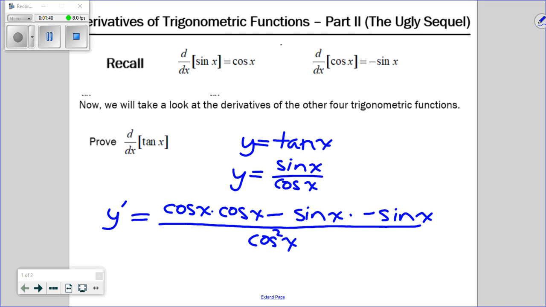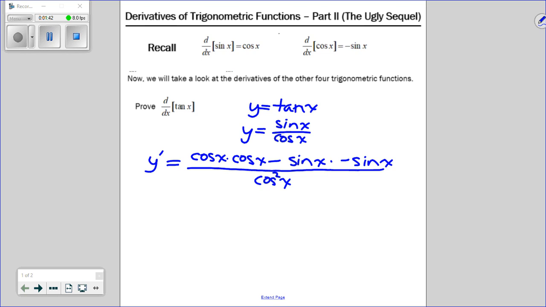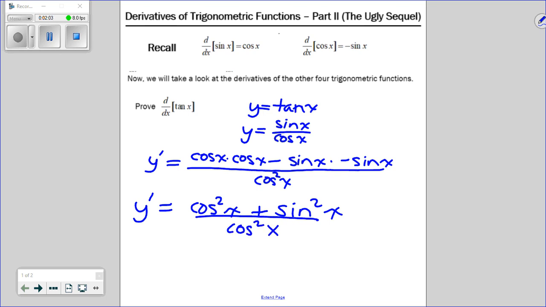Okay, so now just simplifying, cosine times cosine is cosine squared of x, and then we end up with negative sine times negative sine, which will be positive sine squared of x, all over cosine squared of x.